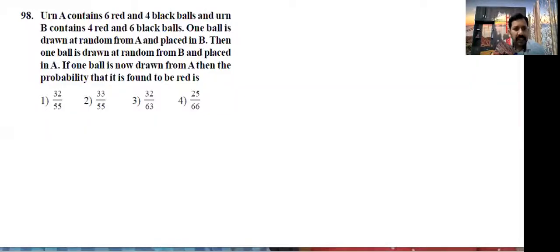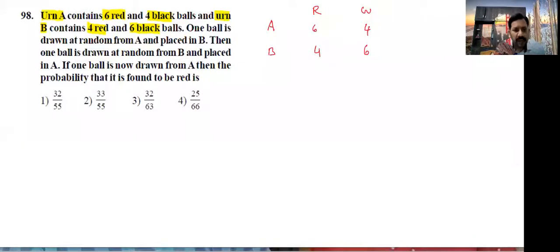Urn A contains 6 red, 4 black balls. Urn B contains 4 red, 6 black. Write here clearly: Urn A, red and white color balls, 6 red, 4 white. Urn B, 4 red, 6 black.